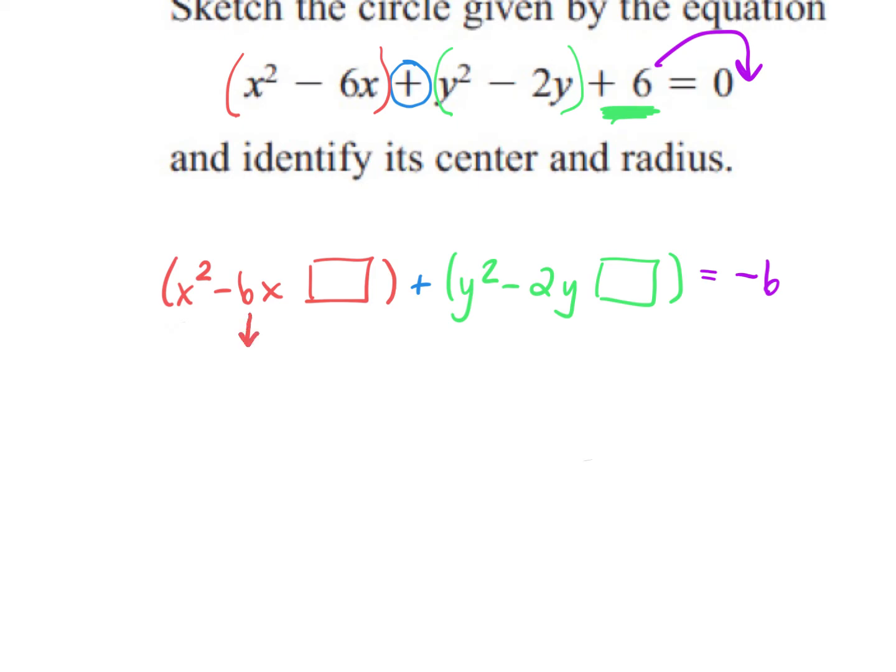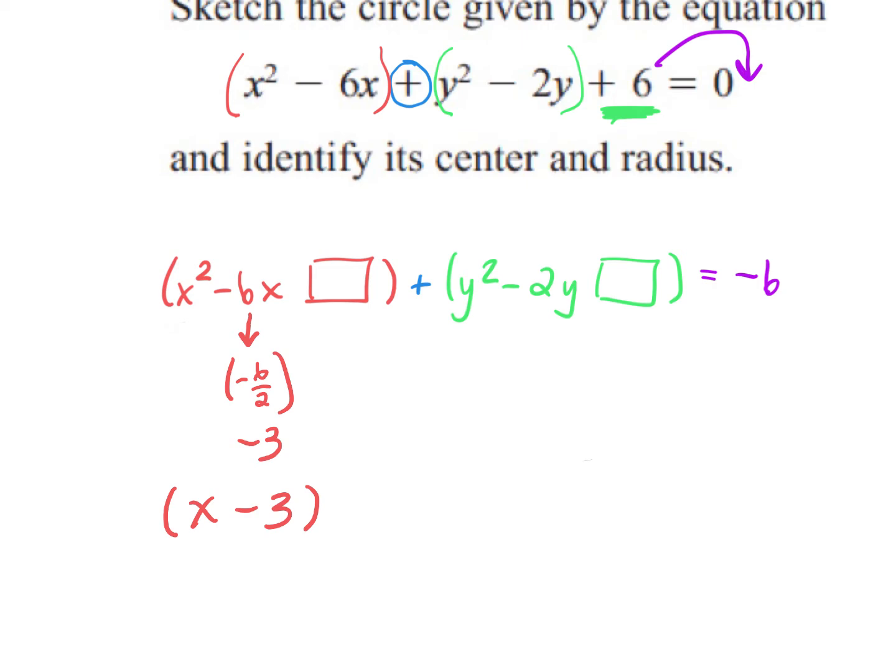Agreed? Okay, so you take your b term and you divide it by 2. So I have negative 6 divided by 2 gives me what? Negative 3. Everybody understand that? Yes or no? So my parenthesis here for my x is going to be x minus 3.